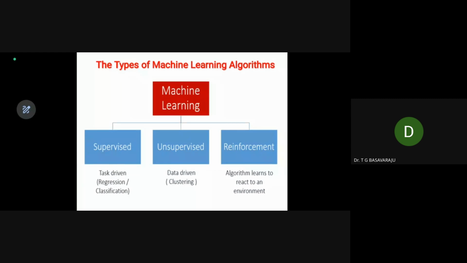So the types of machine learning algorithms include supervised learning, unsupervised learning, and reinforcement learning. Supervised learning can be either regression or classification. Regression is for continuous evaluation, and classification is where you divide the data into different categories. In unsupervised learning you have something called clustering, that means we group together similar kinds of data.